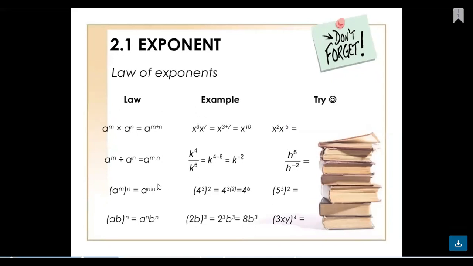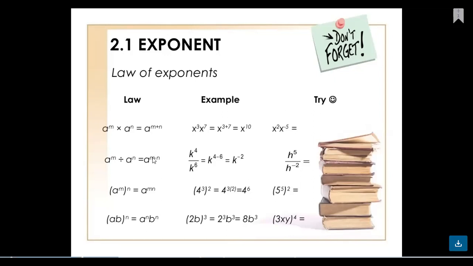If yes, I think it's yes. Let's move on. Okay, so dito naman, kapag division naman, same variables with different exponent is divided. So for example, a^m is divided by a^n is equal to a raised to m minus n.